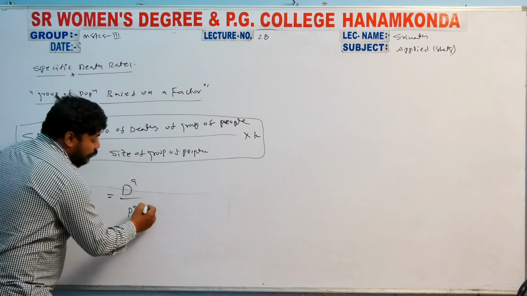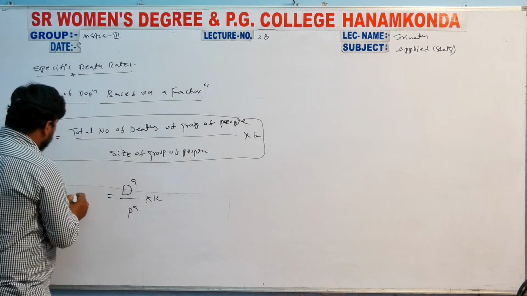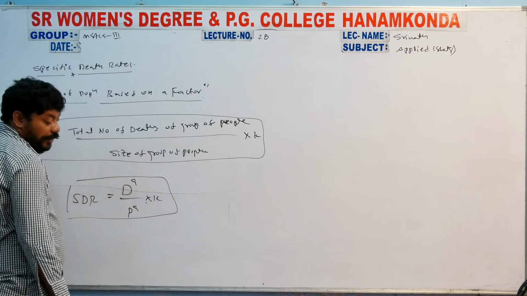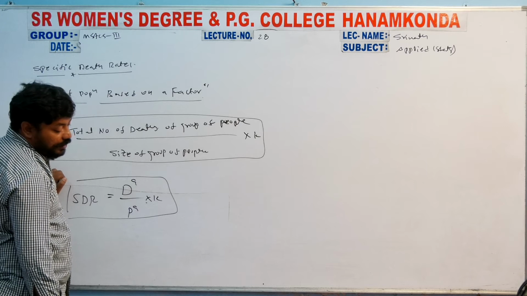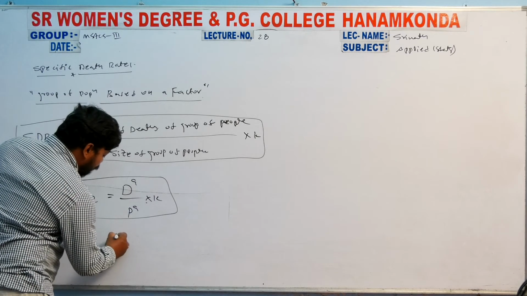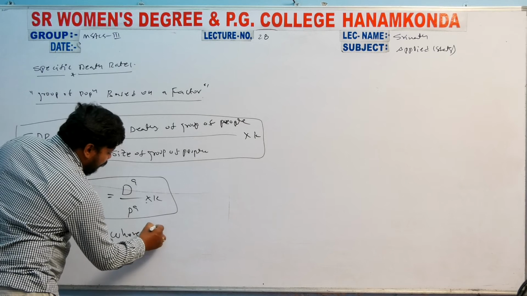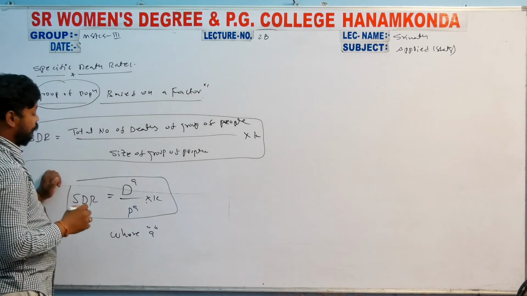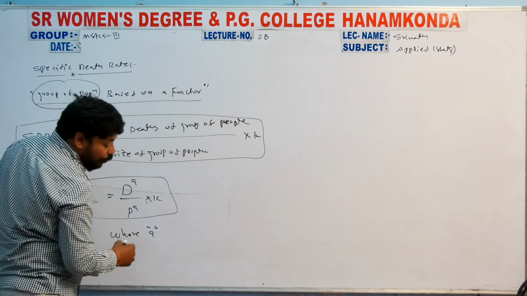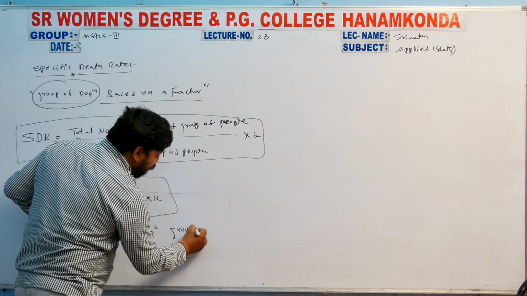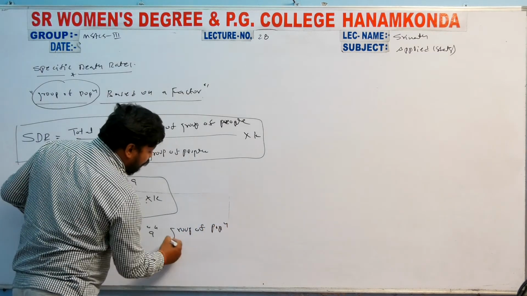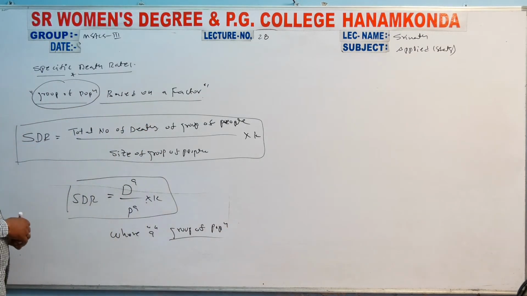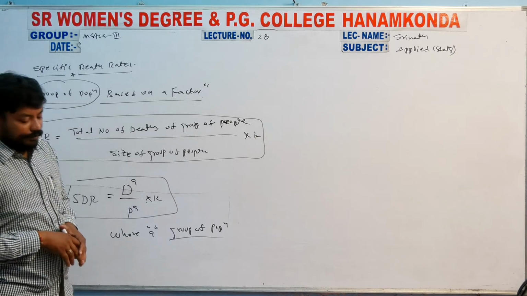That is the specified death rate, where A is the group of population, based on a factor.